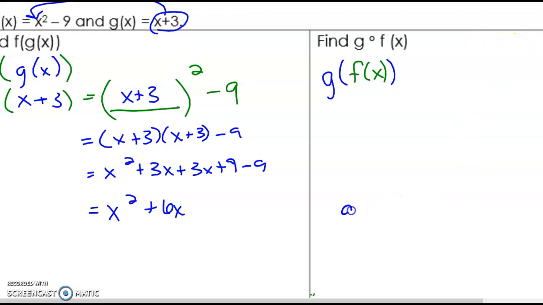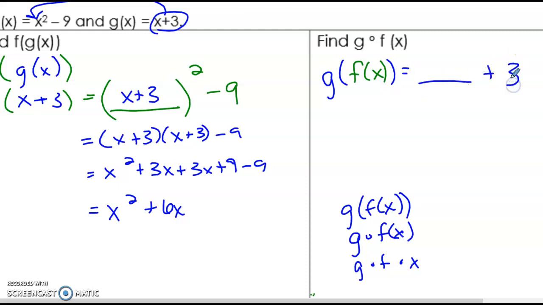Okay, all those ways mean the same thing, just different notations to write the same thing. All right, so our g equation is our big equation. So x plus 3, and then we're putting in the f equation to it. And then it'll just be x squared minus 6.